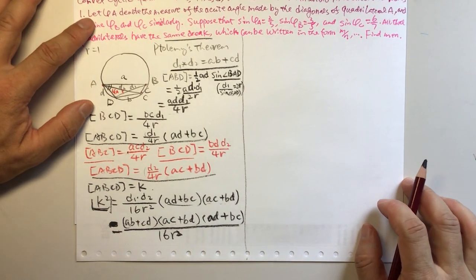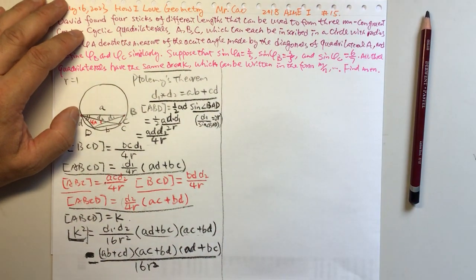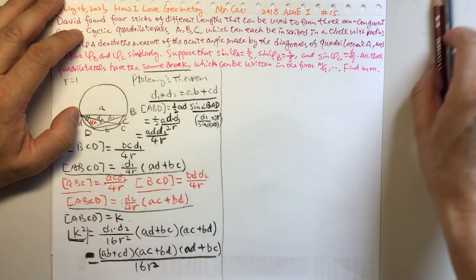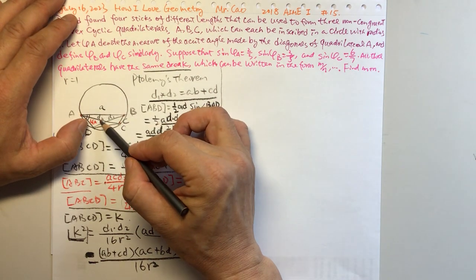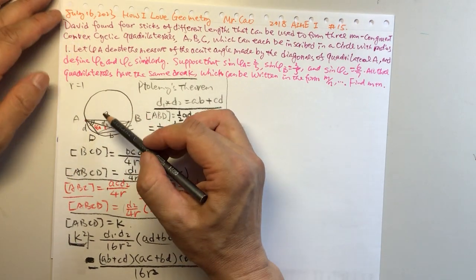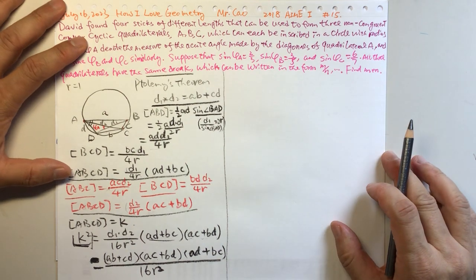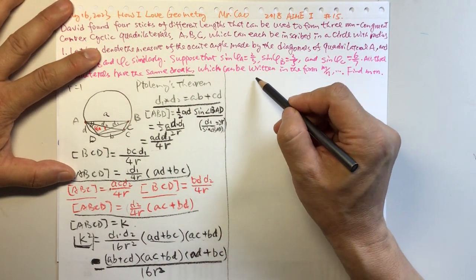Okay, next step, we will get another relationship and then we can use it. This problem tells us this angle, right? And we will find how to use this angle to express the area of ABCD. So let me draw this one like here.